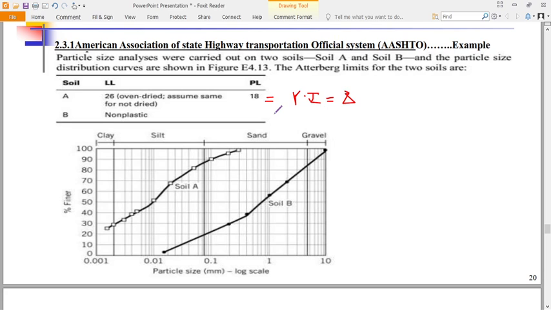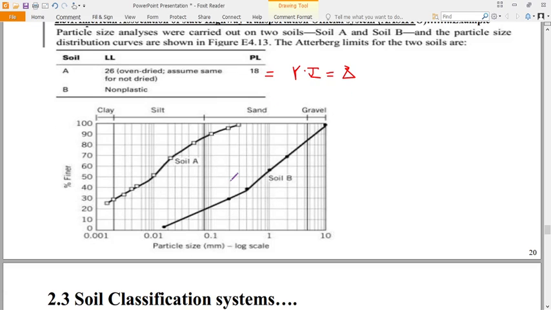So let's start with material A. If I want to identify the percentage passing sieve number 200, 0.075 millimeter, is that okay? So if you look at this material, now these are log scale. So on the log scale, each of these vertical lines stands for 1.